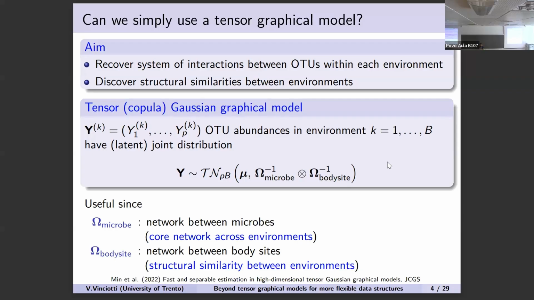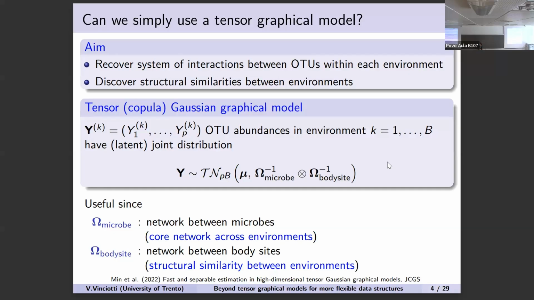Is this useful? Well, it does answer a bit the question that we wanted to answer, in the sense that this P by P matrix here has something to do with interactions between microbes. It doesn't quite answer what we wanted, at least with this simple model, where we don't have networks that are specific to each body site.